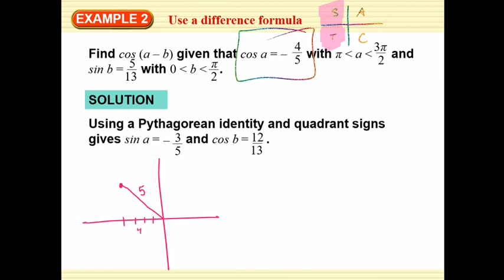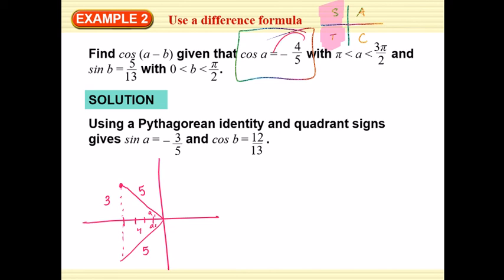If this is my angle A, this could also be angle A. I'll just do A1 and A2, where this is 4, and then our hypotenuse is 5. Now, if you see these two triangles, you would have to know that this is 3. Since it is a 3, 4, 5 right triangle, a Pythagorean triple, you could also use the Pythagorean theorem to figure out what that third side of the triangle is.